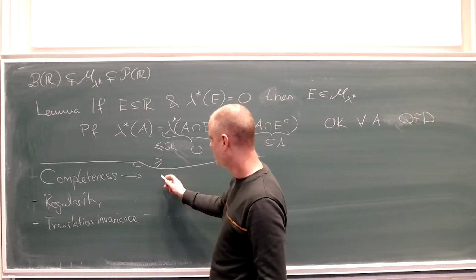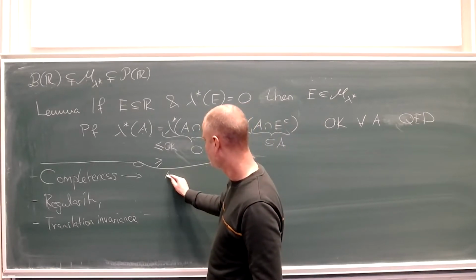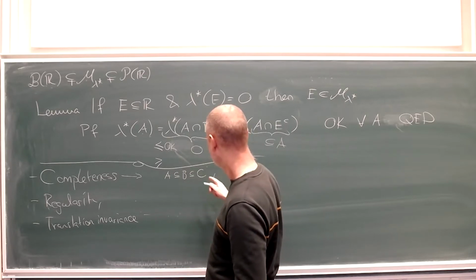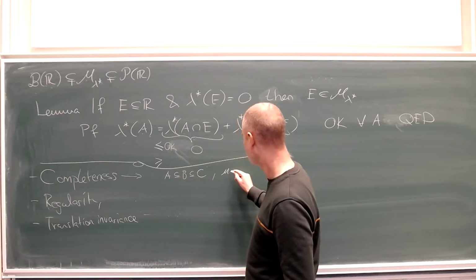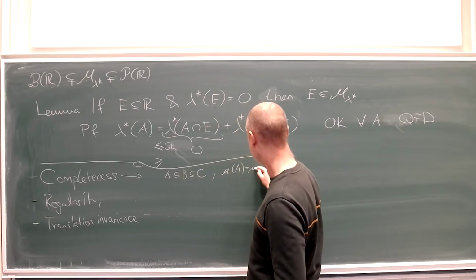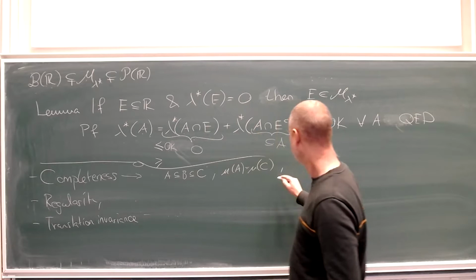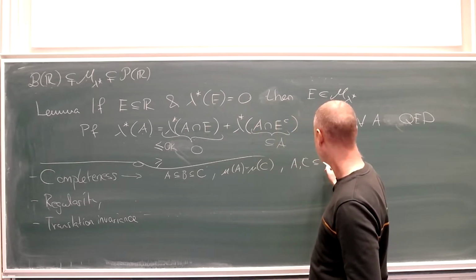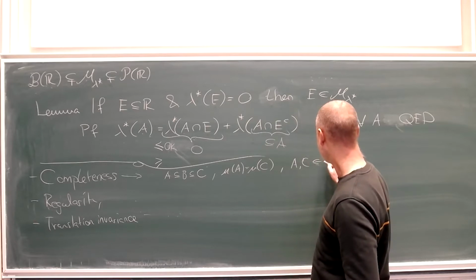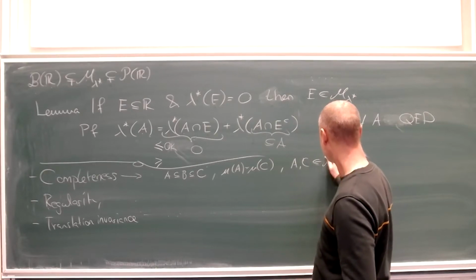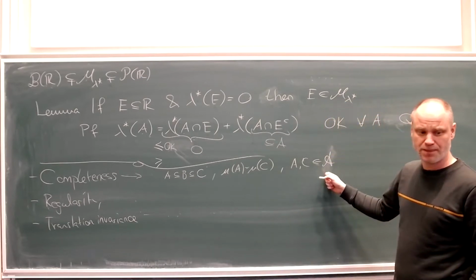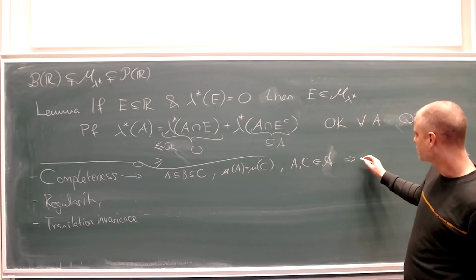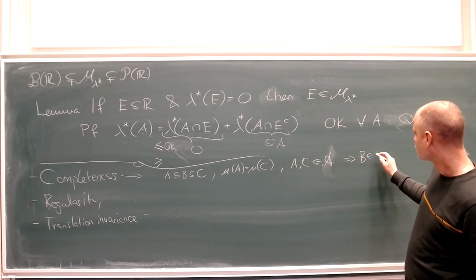More generally, completeness is that if A is less than or equal to B, which is less than or equal to C, and you have some measure with mu of A equal to mu of C, and you know that A and C are in whatever sigma algebra, in generality we call it the sigma algebra, then it follows that B is also in the sigma algebra.